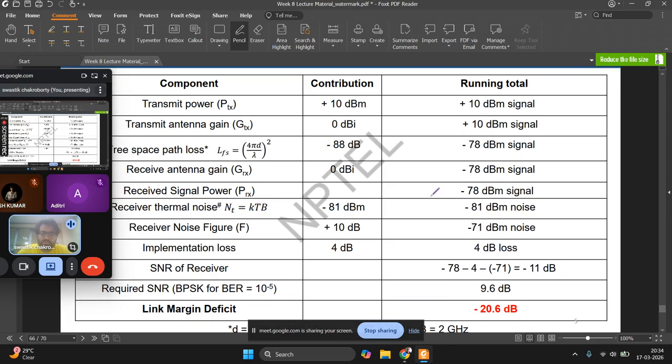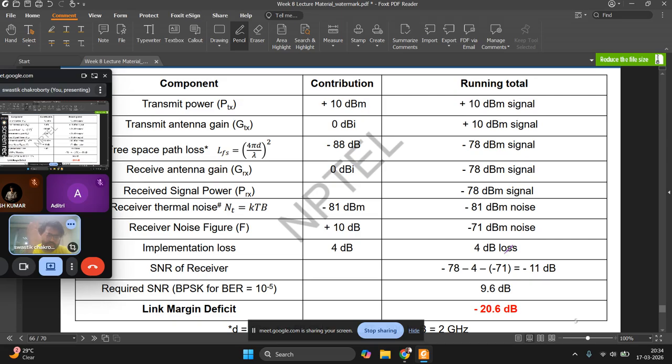Now there is a noise of minus 81 dB. Now the noise figure is plus 10 dB. So the effective noise is minus 71 dB. The implementation loss at the receiver is 4 dB. So the SNR of the receiver, signal minus noise in dBs basically. So signal is minus 78, and from there 4 will also be subtracted.